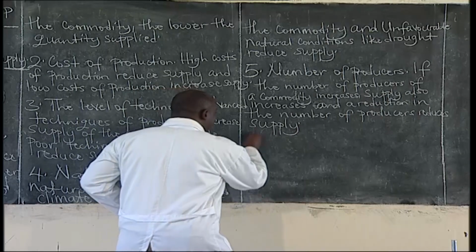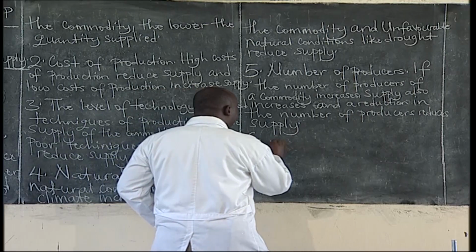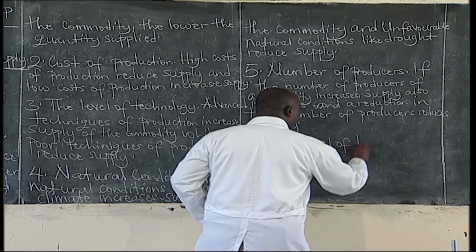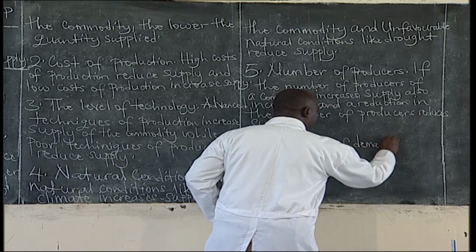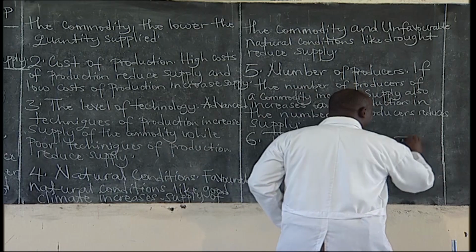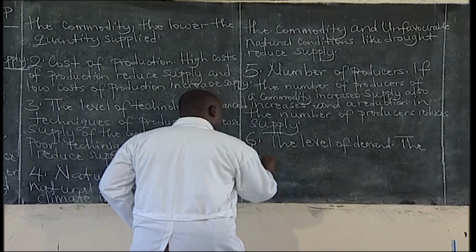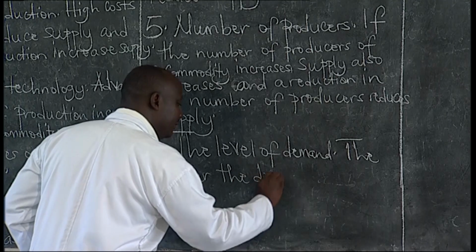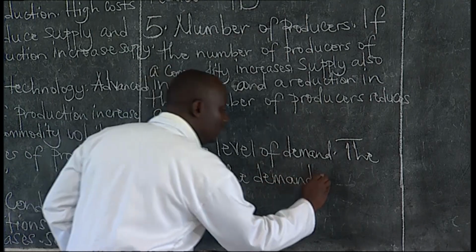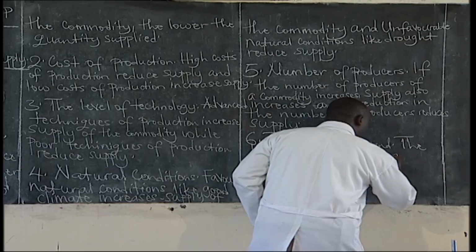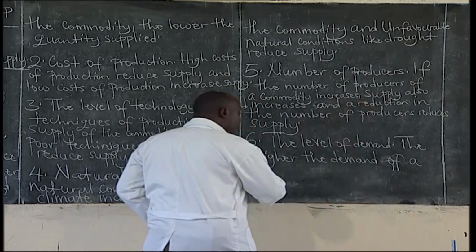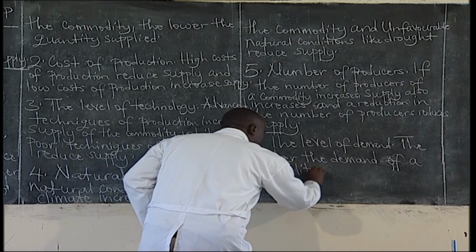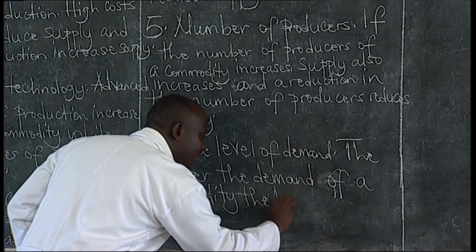The next factor that affects supply is the level of demand. The higher the demand of a commodity, the higher the quantity supplied.